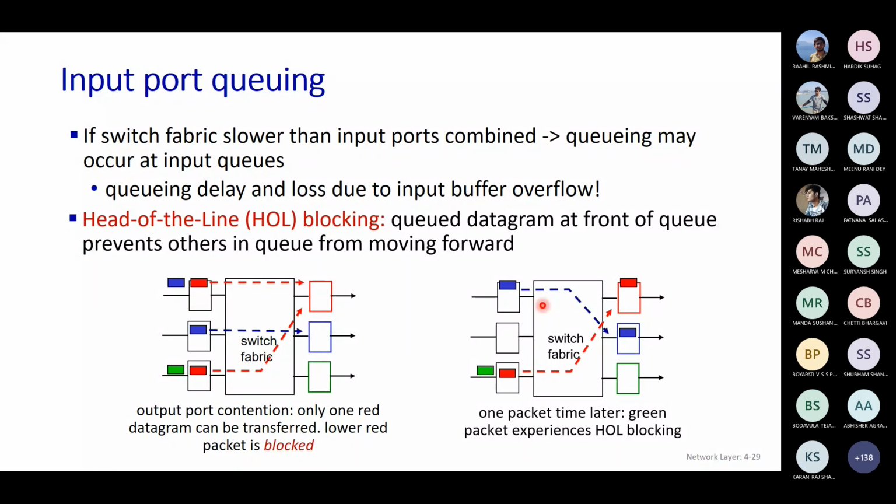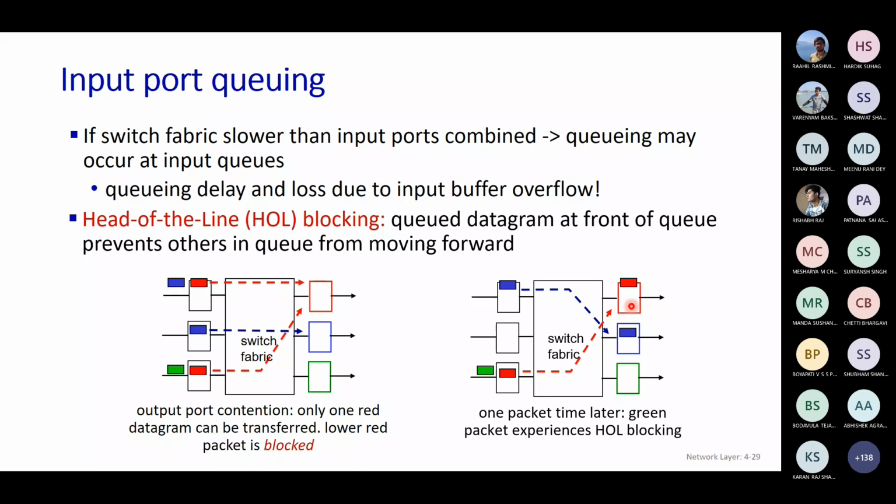At time t equals 2, what happened? First, input port 1 got the chance to transfer and it transferred the packet to the corresponding output port. And now this red packet, the one at input port 3, will get the chance to transfer to the corresponding output port.